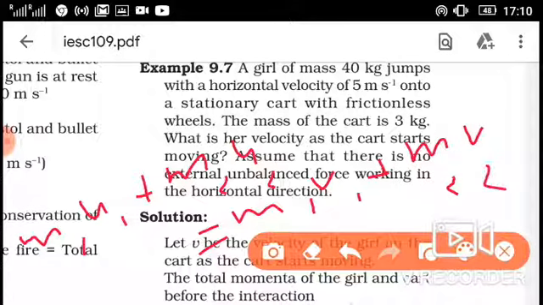Now you see, a girl of mass 40 kg, so here you put 40 kg, that is clear.